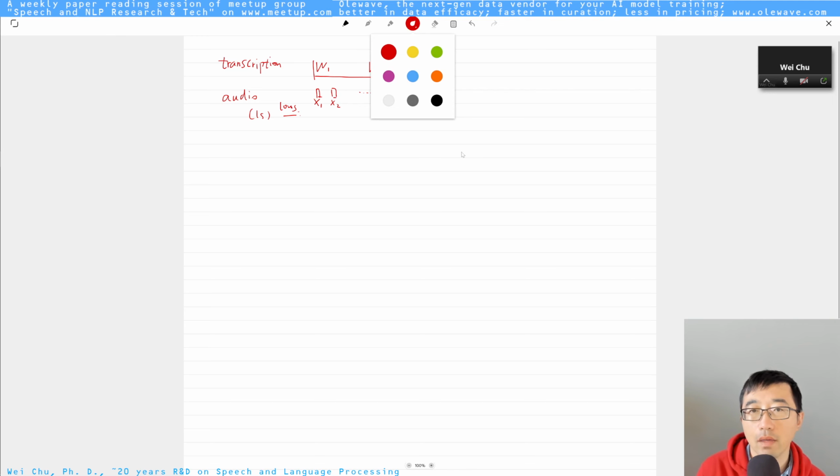Of course, you have to find the boundary of the first word. Because why? Because when people speak, people have silence, right?